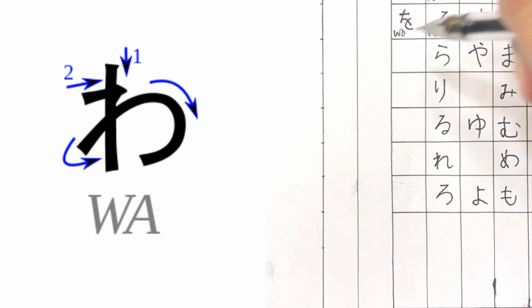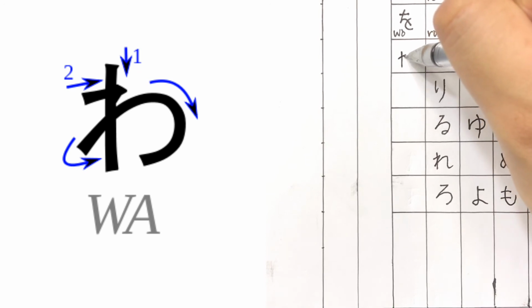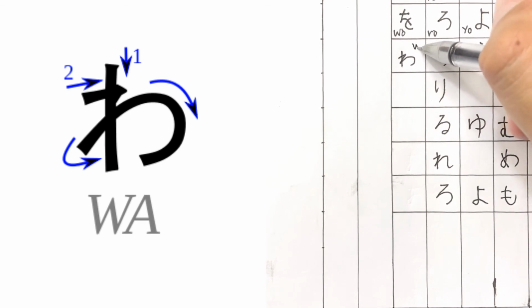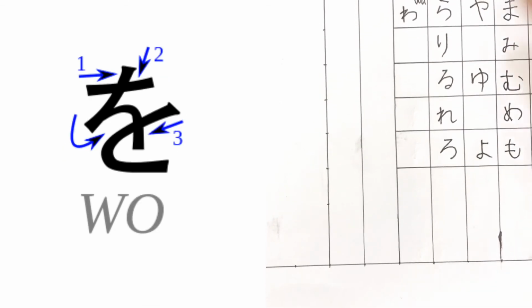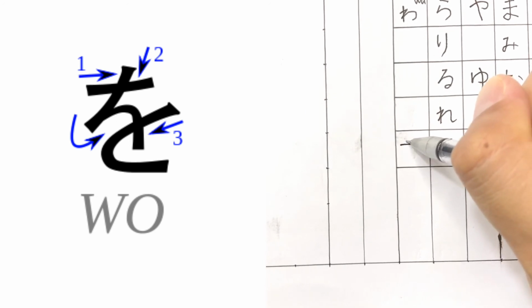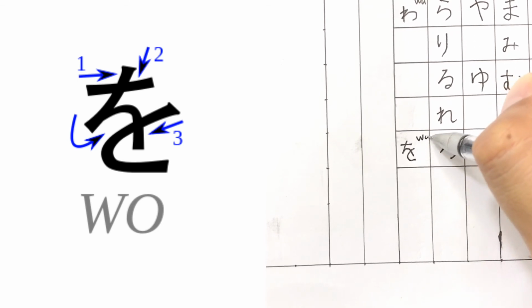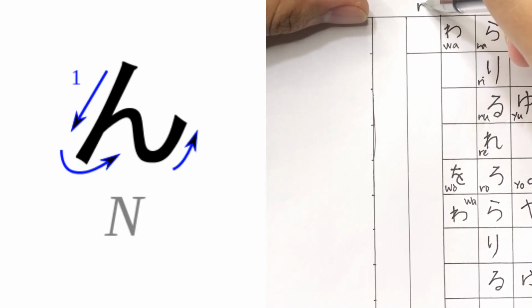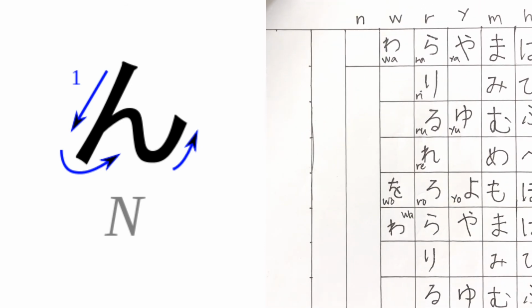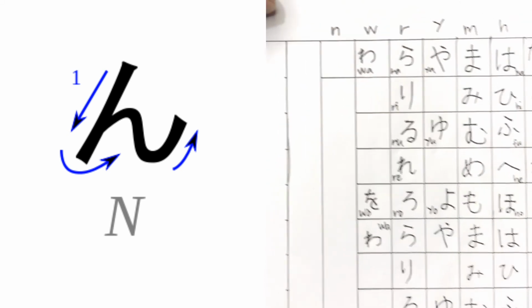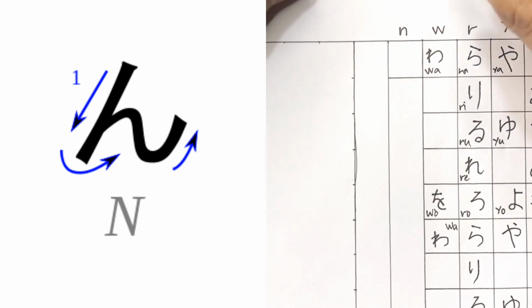Let's write them again. 1, 2 for wa. Then for the wo, 1, 2, 3. Wo. The last character for hiragana is what we call n. So n, compared to all the hiragana characters, has no vowel sound.